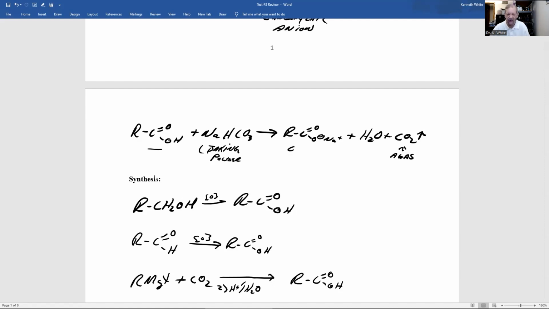You get the carboxylate anion, water, and carbon dioxide given off as a gas. That's what this up arrow means. And that's because the carbonic acid that's formed in this reaction immediately breaks down, quicker than that, actually, to water and CO2.